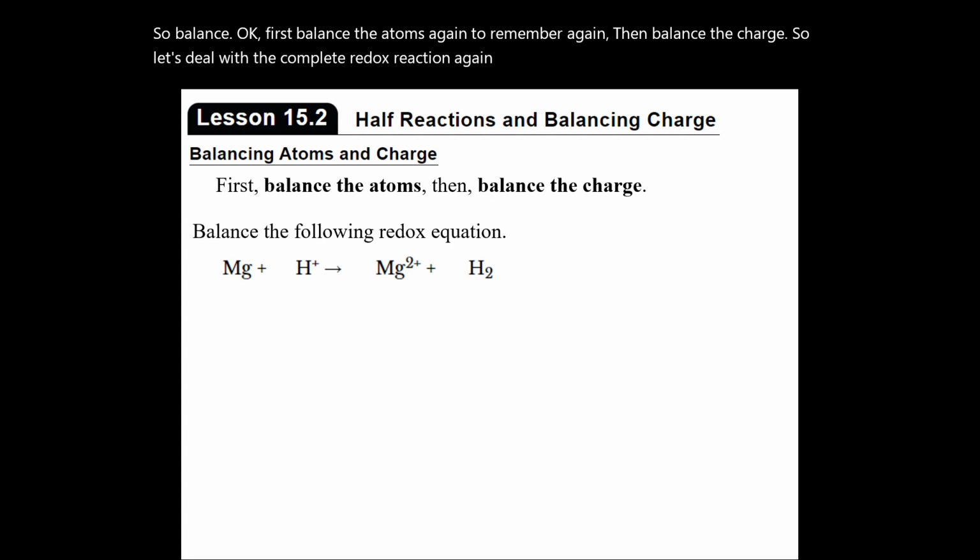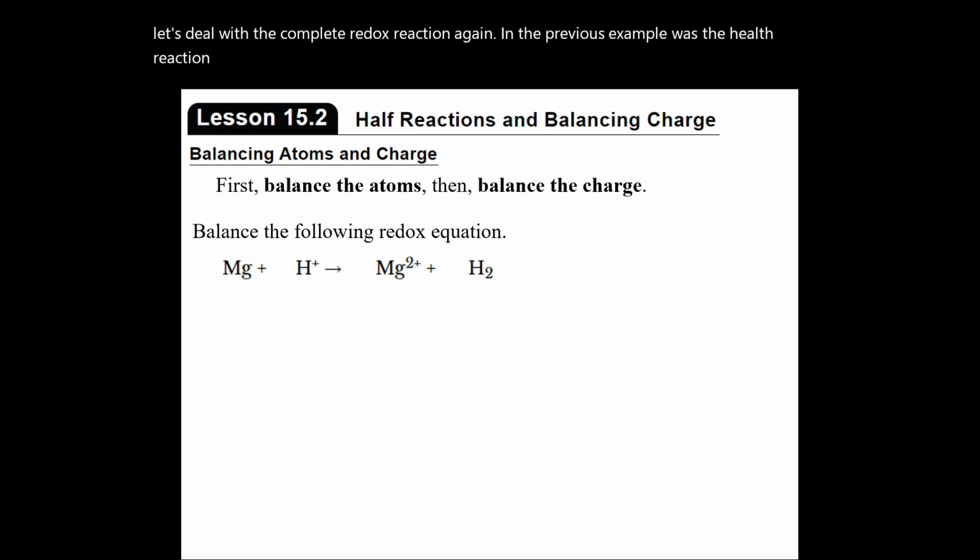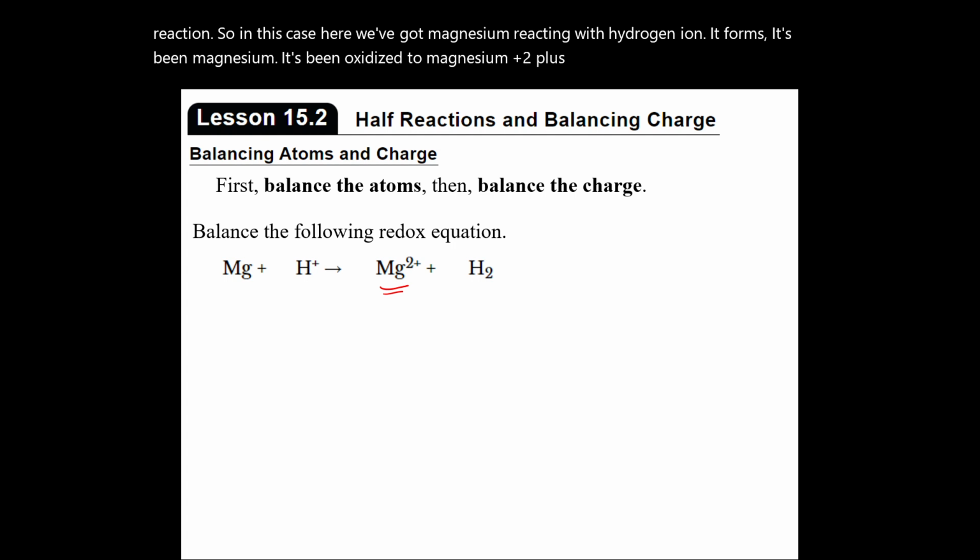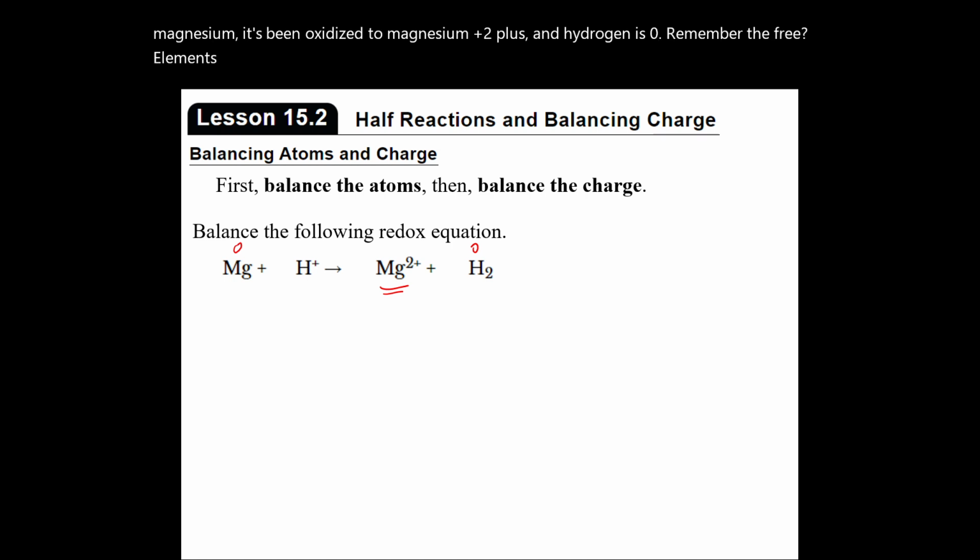So let's deal with the complete redox reaction. Again, the previous example was the half reaction. In this case, we got magnesium reacting with hydrogen ion. Magnesium has been oxidized to magnesium 2 plus, and hydrogen is 0. Remember, the free elements have oxidation numbers of 0.